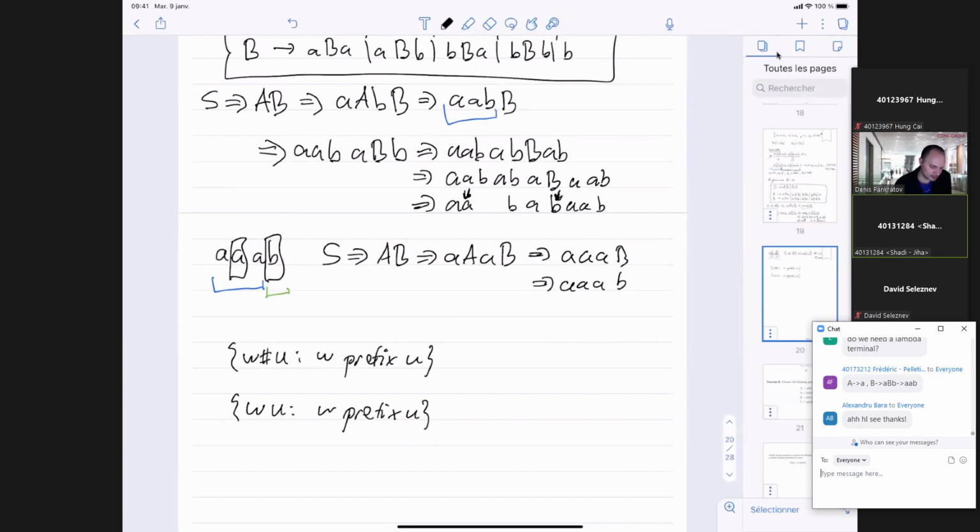Would it be a context-free language? Well, this would in fact be regular, because this is just equal to sigma star. Because if you just want to ensure that there is a W prefix of U, W could be lambda, and lambda is a prefix of every other string. So this becomes sigma star, which is actually regular. Okay, perfect. Thanks a lot. Okay, you're welcome.